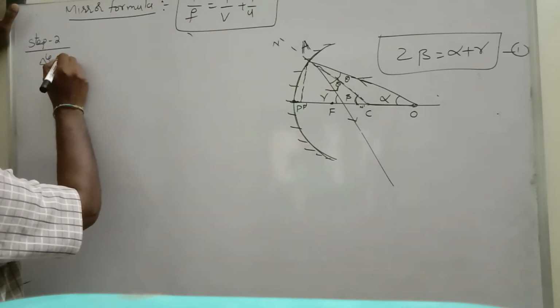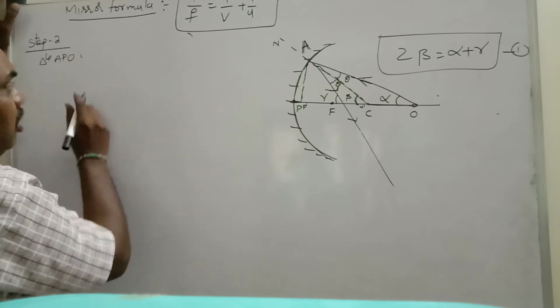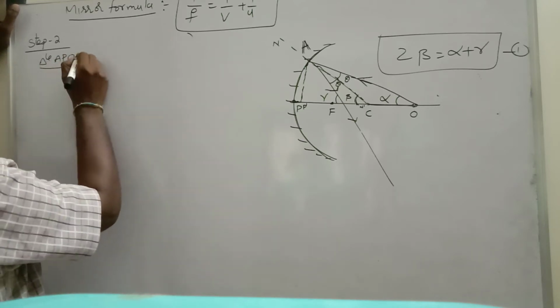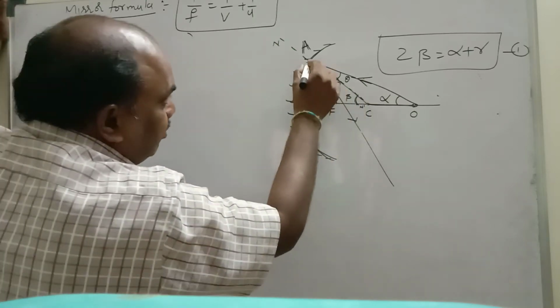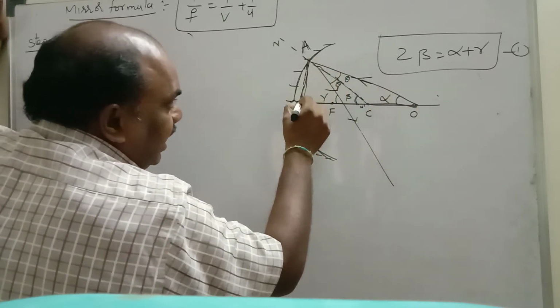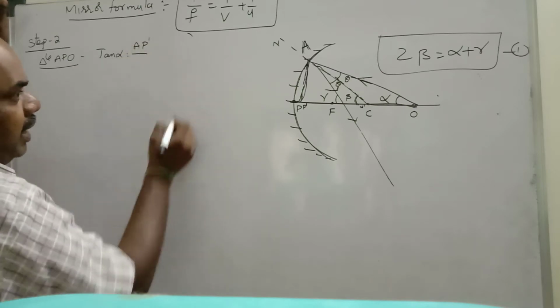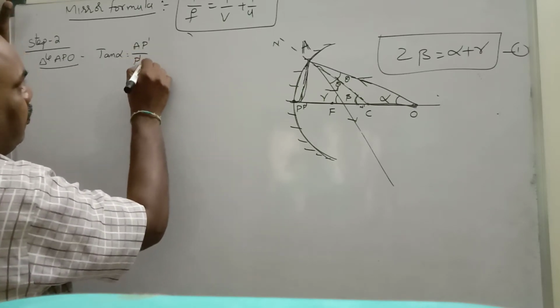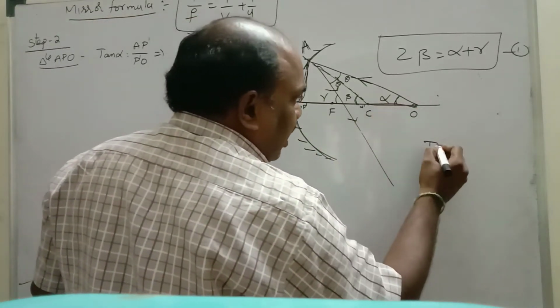Triangle APO is a right angle triangle. Now from APO what do you get? Tan alpha is equal to what? Tan alpha, in a right angle triangle, is opposite side by adjacent side. What is the opposite side? AP dash by P dash O. If it is a paraxial line, tan alpha is almost equal to alpha.